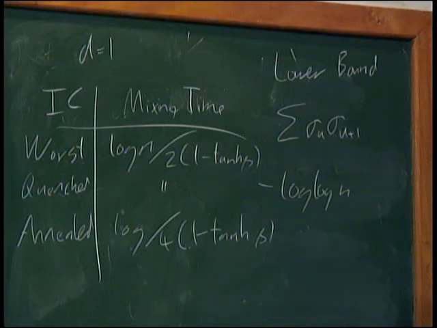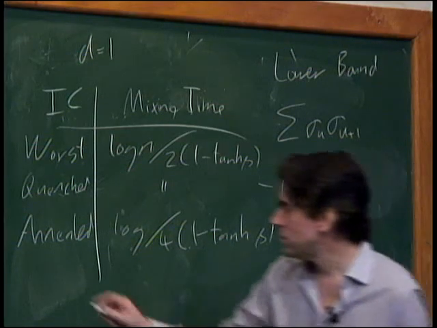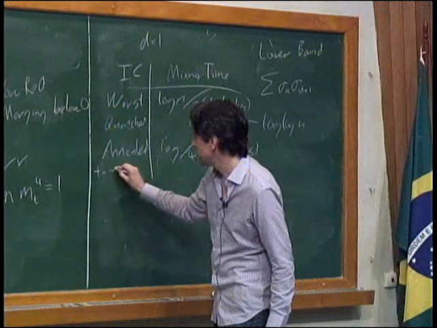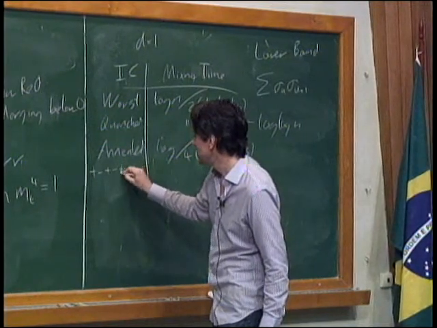Just to end with, what would you suggest for a good deterministic initial condition? Any guesses? You want one that's balanced between pluses and minuses. So a good one to take is plus minus, plus minus, plus minus.